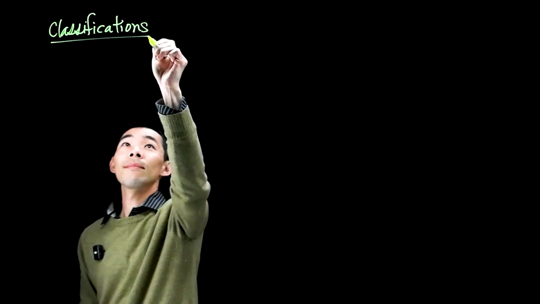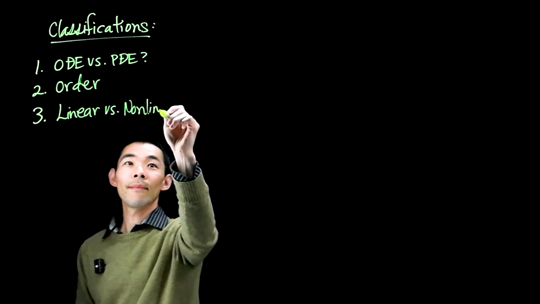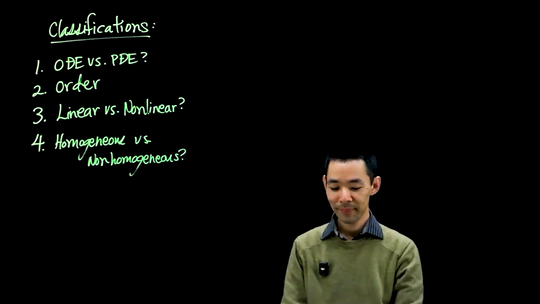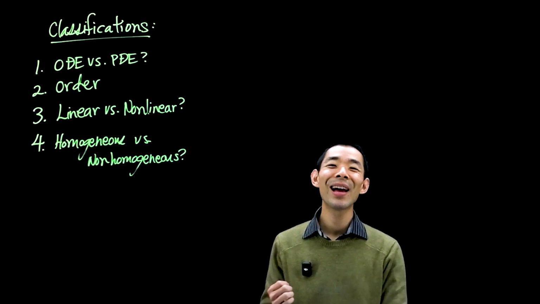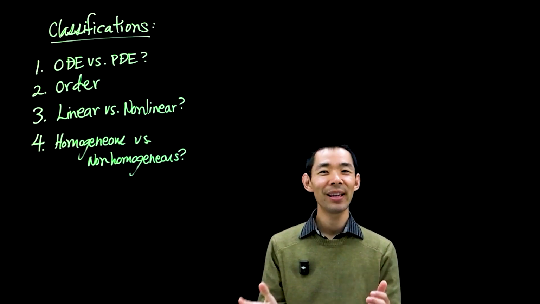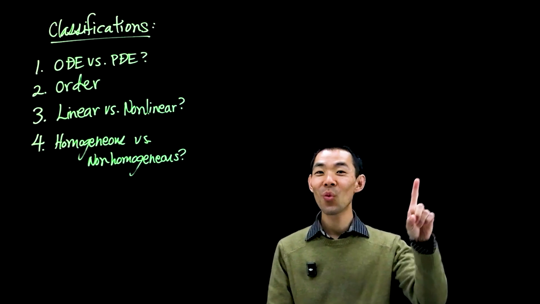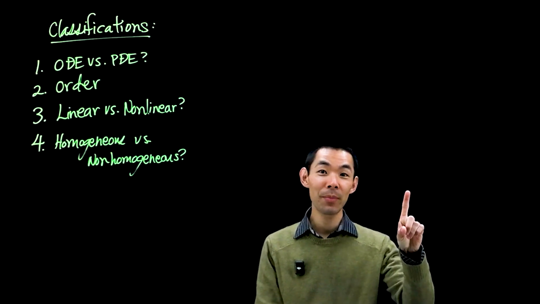There are four questions you need to ask a differential equation to be able to classify what kind of equation you're working with. Let's write those down. These are the four questions you need to ask when classifying a differential equation. Question 1, is it an ODE or a PDE?